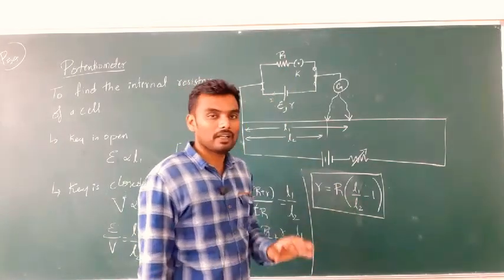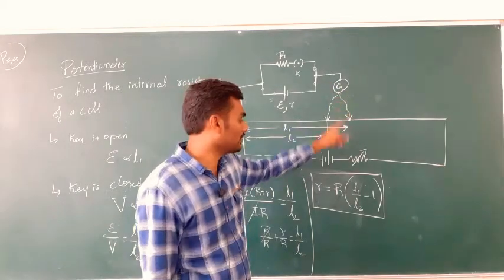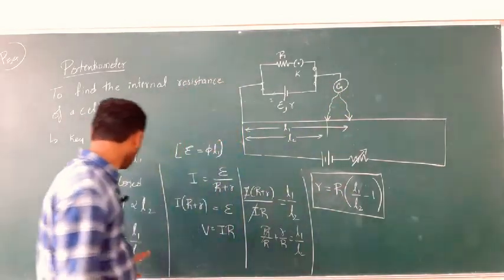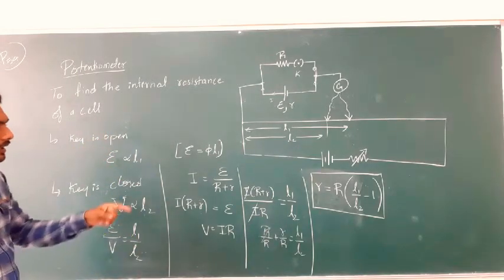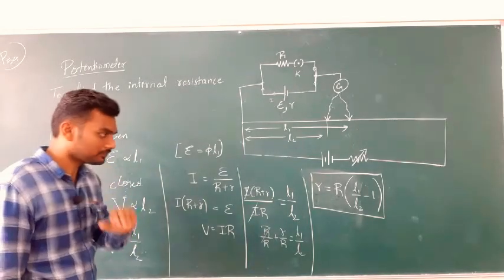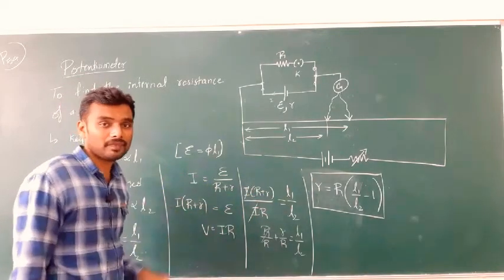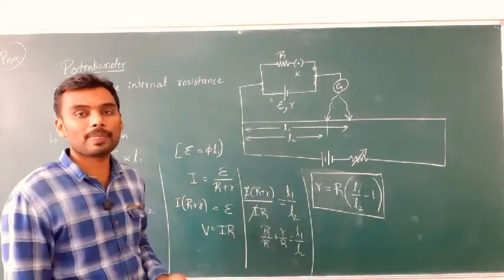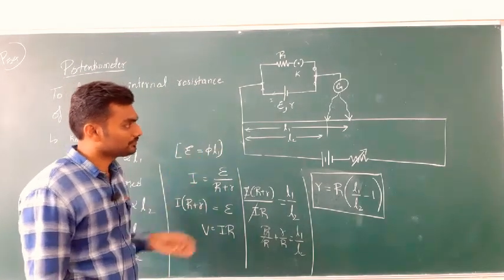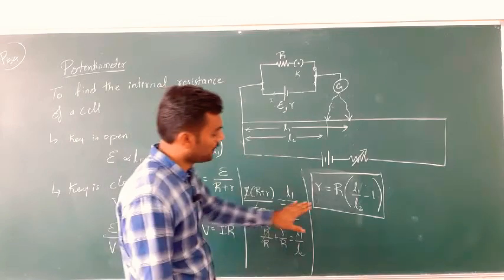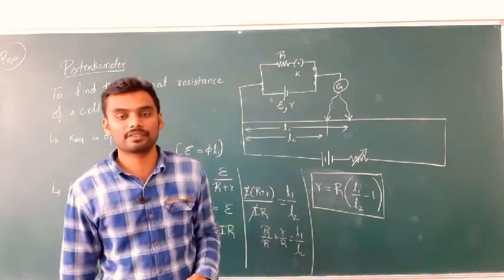L1 and L2 are the lengths for which the galvanometer reads zero deflection: first for the open key circuit, and L2 is the length for which the galvanometer reads zero deflection for the closed circuit. So this is the expression, and that is how we find the internal resistance.